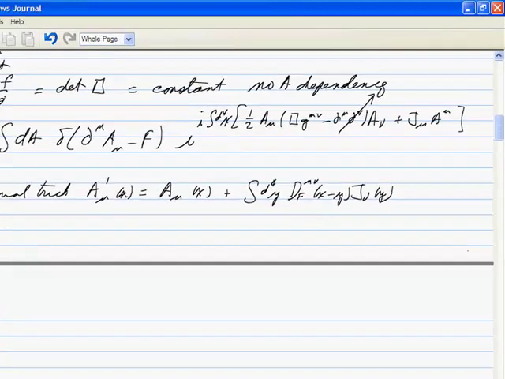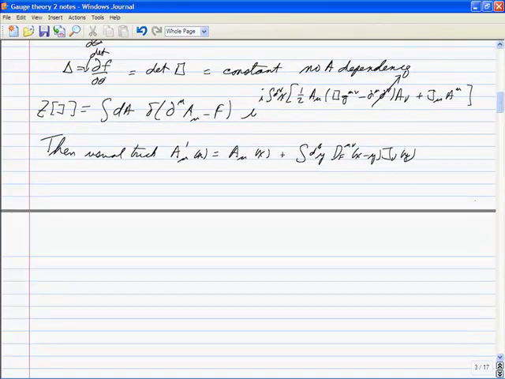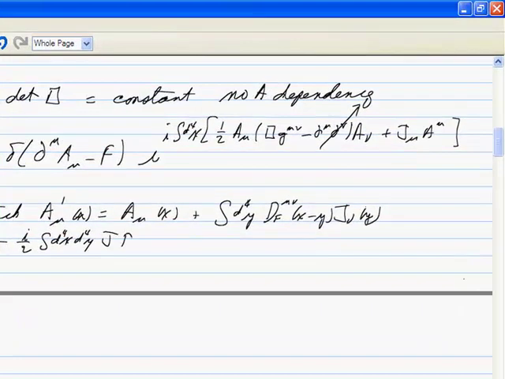And under one condition, we end up with Z equals Z of 0 e to the minus i over 2 integral d4x d4y J D J. Okay, the usual piece. You can fill in the blanks.